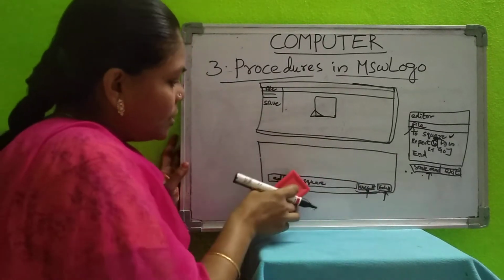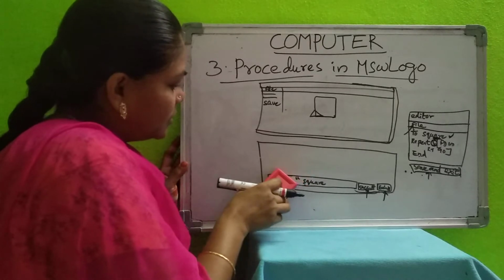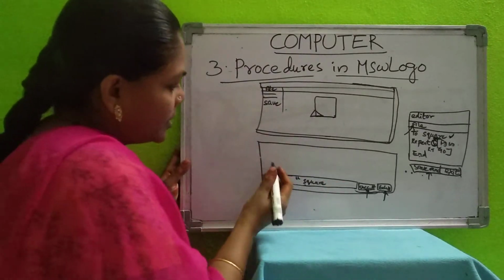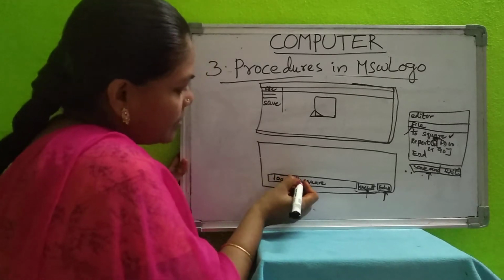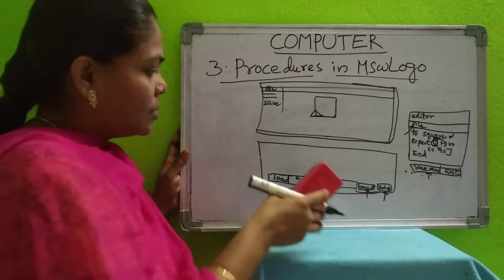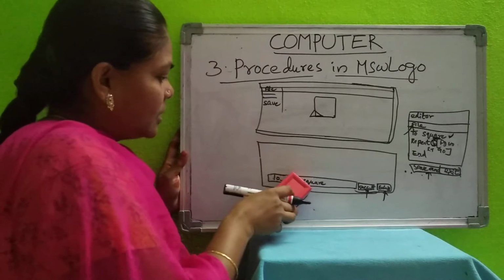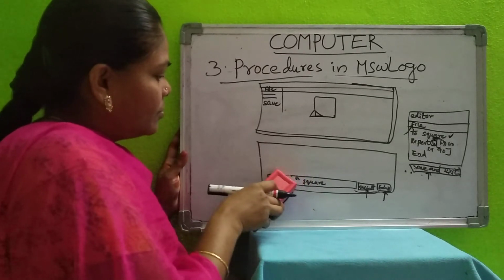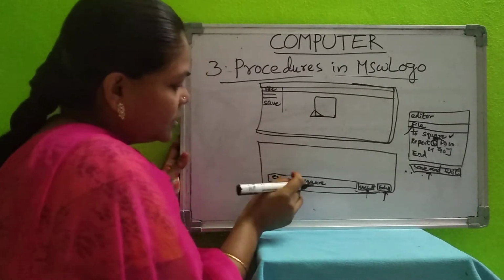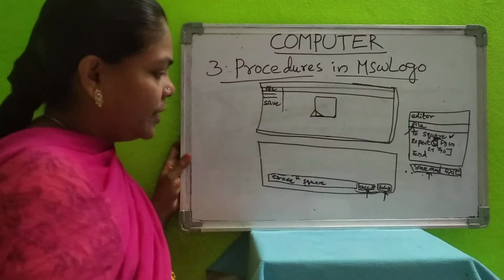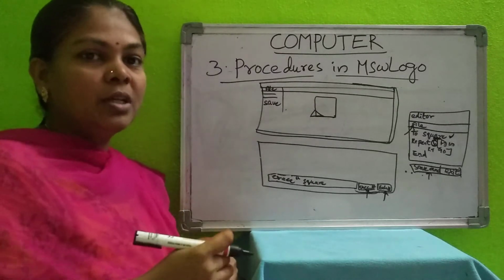So how to load a procedure? To load a procedure, load, again space, double quotes, square. Suppose you want to erase that procedure. Same in the input box, you have to mention it, erase, space, double quotes, square. That procedure name we have to mention.